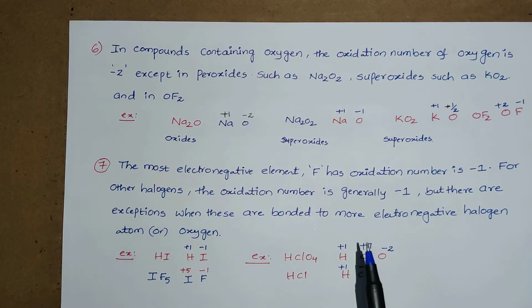Some people might ask, why can't fluorine show a positive oxidation state? Fluorine is the most electronegative element among all the elements in the periodic table. Once it is the most electronegative element, whenever it is combined with any other element, it shows the negative oxidation state. It never shows a positive oxidation state.